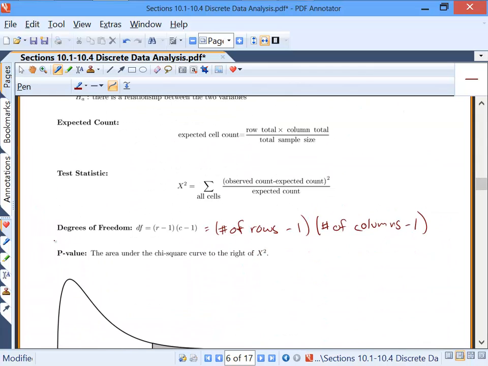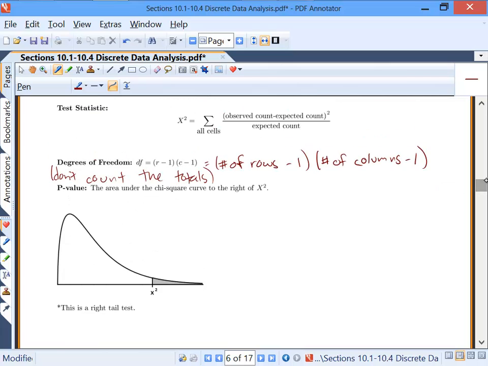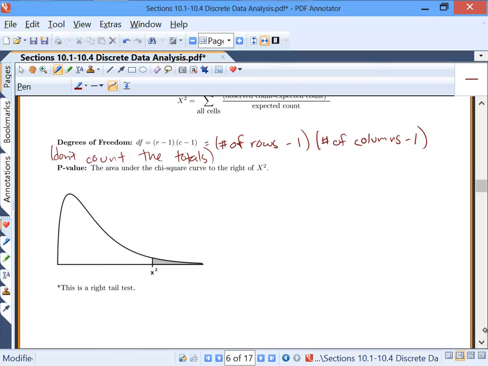Just the actual data. And once again, our p-value is the area to the right. It's always to the right, so this is a right tail test. Any questions?